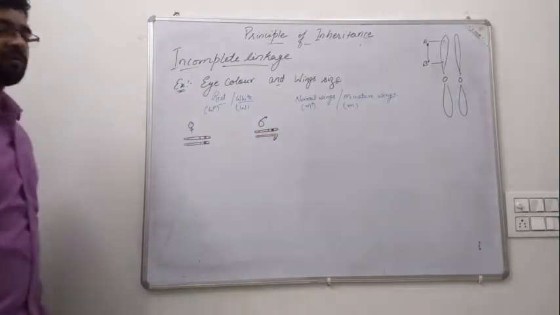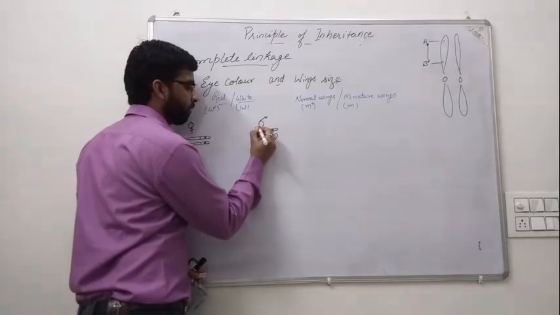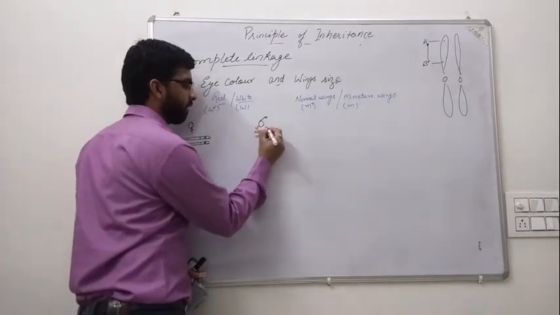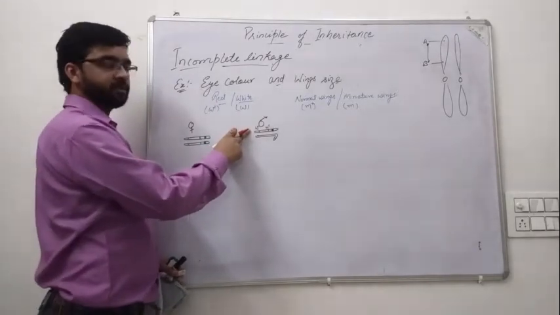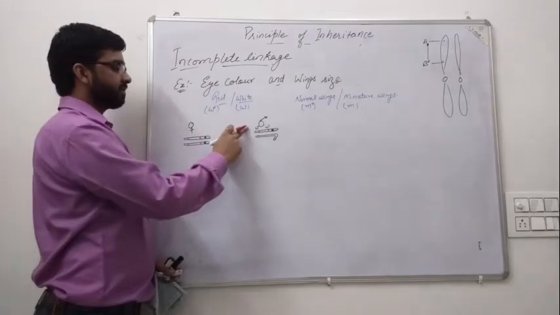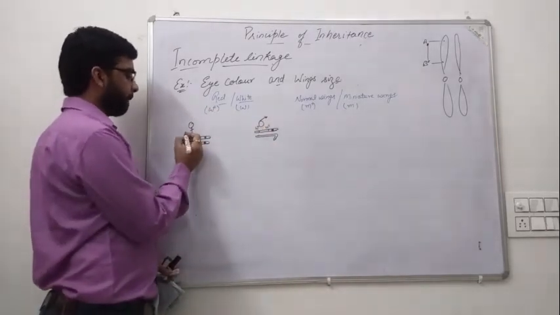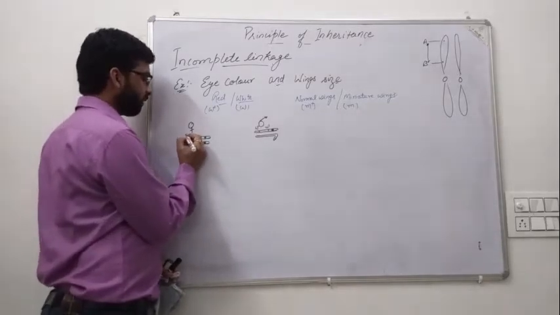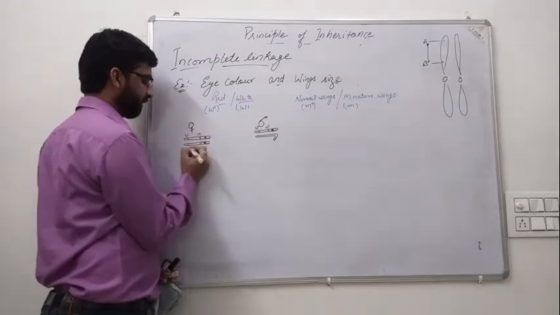The male we represent with dominant characters, W positive and M positive, a male with red eye color and normal wings, whereas the female has white eye color with miniature wings.